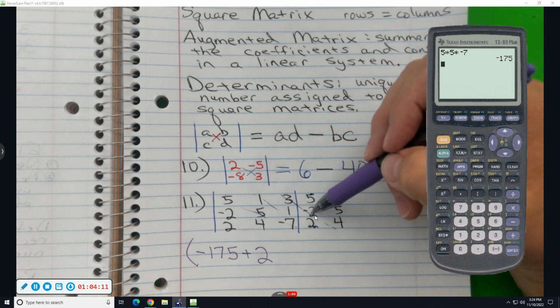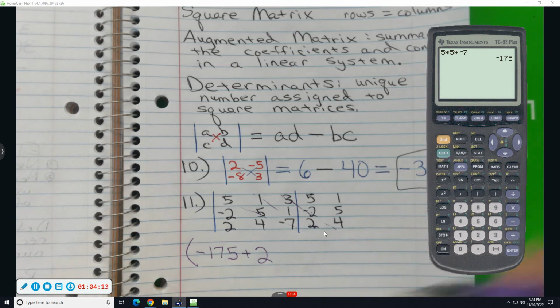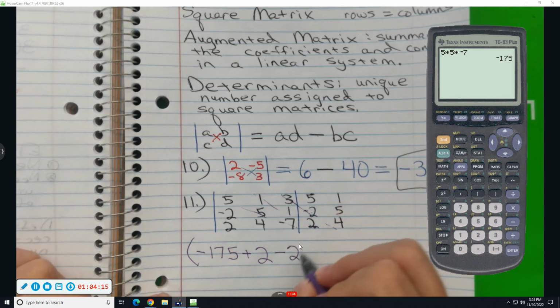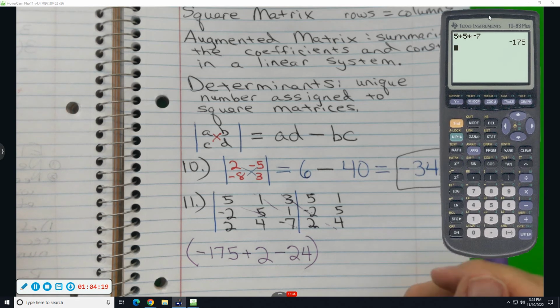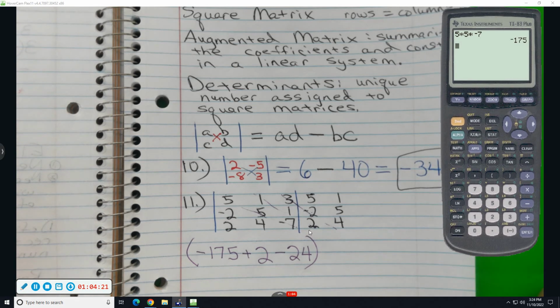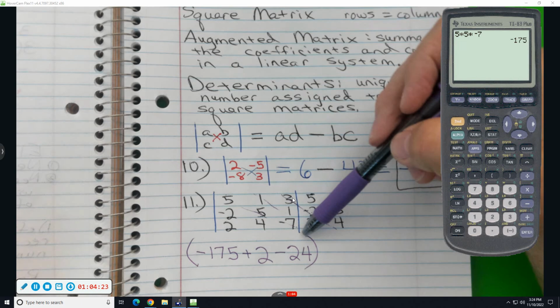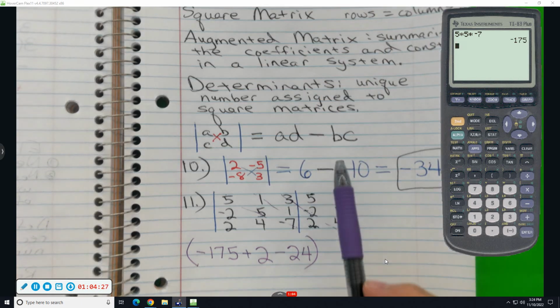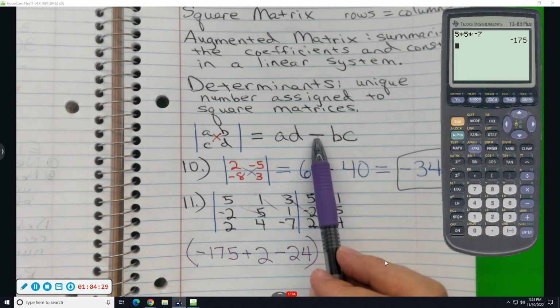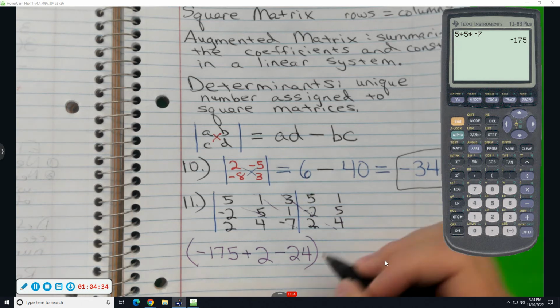That's a negative 6 times 4, which is a negative 24. Before we go on, do you see where I got those 3 diagonals? Multiply, multiply, multiply. And then, just like with a 2 by 2 determinant, you're going to have a minus sitting there. So there's a minus.